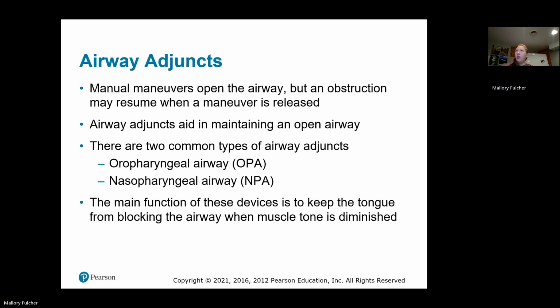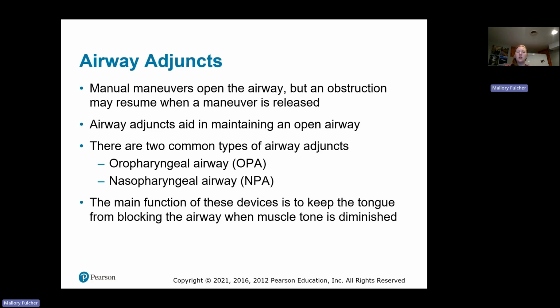Now, for whatever reason, my students always seem to have a hard time remembering which one goes where. Not only do these two look incredibly different from each other, it also is in the name. If I were to say which one of these two are we going to put in the mouth, hopefully you would say the oropharyngeal airway.